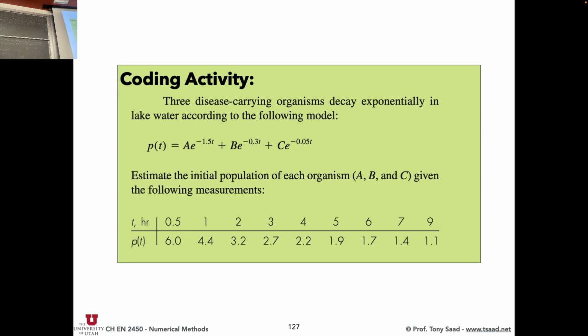This is an important problem when you're trying to measure bacterial growth in lakes, and then for public health they need to know these data so that they tell people, oh, don't go to Bear Lake this weekend.